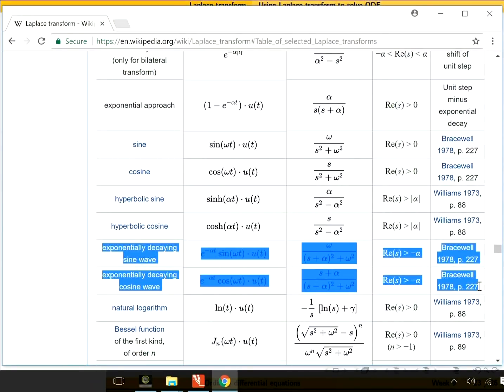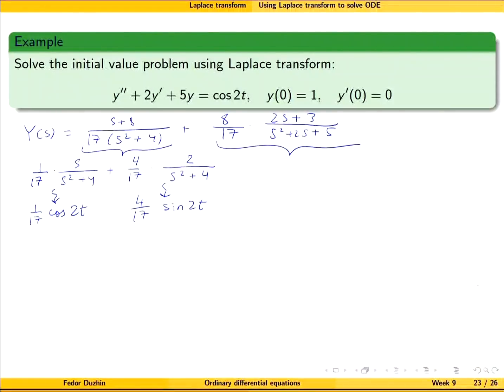But in order for this to match our example, the denominator must be presented as the sum of squares, right? So we need to complete the square. So let me rewrite it. Here I'm going to have 8 over 17 times, the denominator is s plus 1 squared plus 4, and 4 is 2 squared.